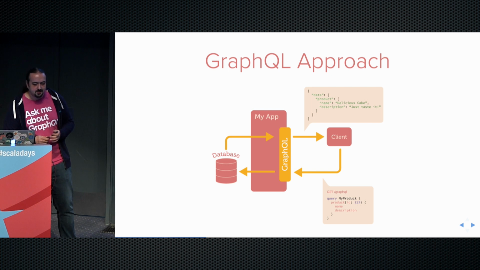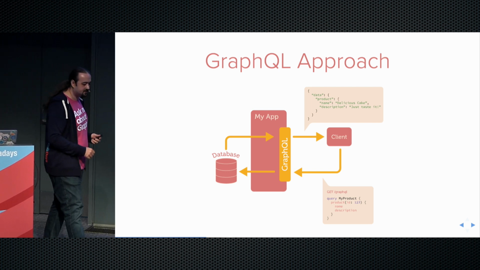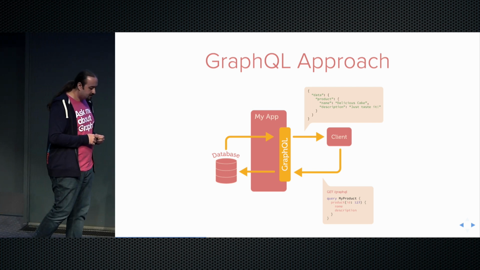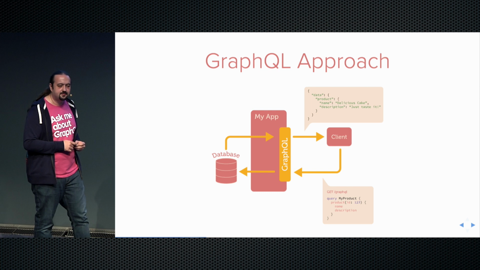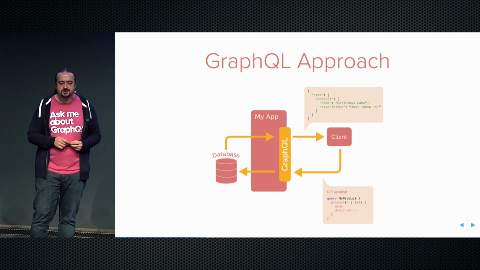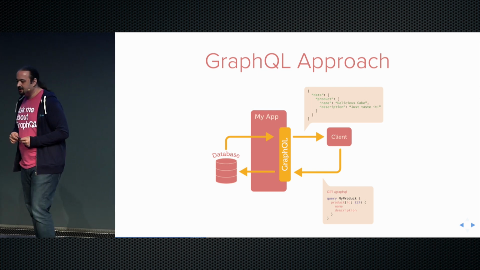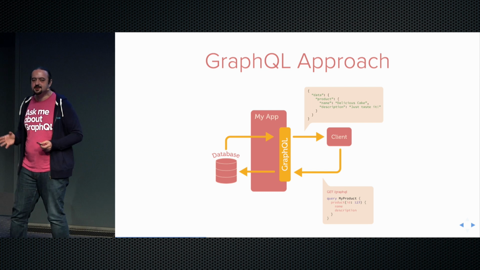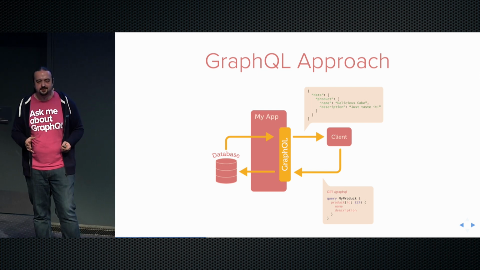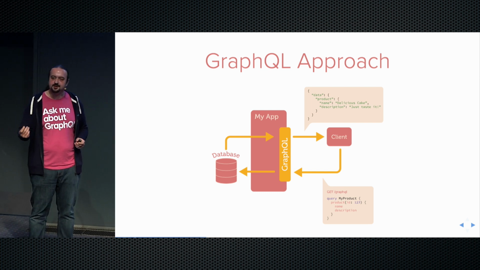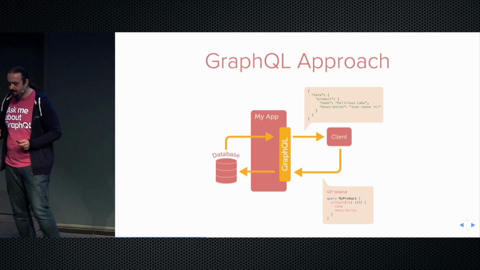So the GraphQL approach is a little bit different. GraphQL says it's a good idea in general. It tries to acknowledge that we do have different types of clients which inherently need different types of data.